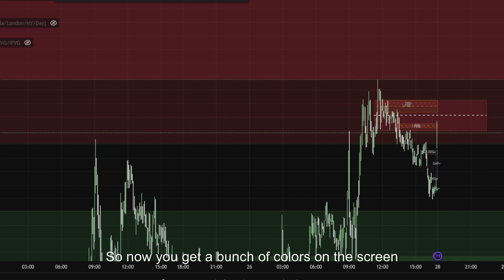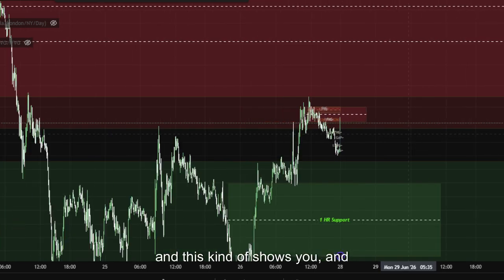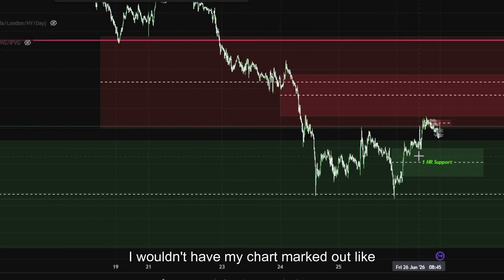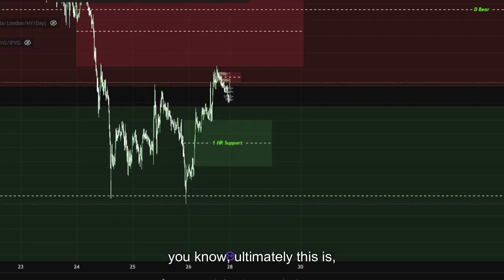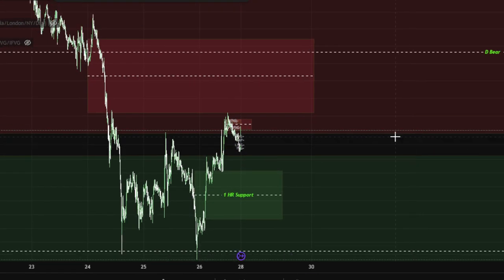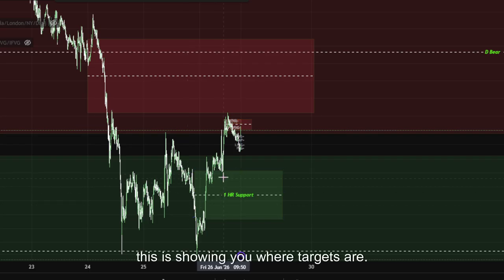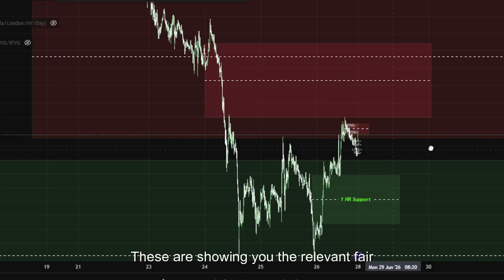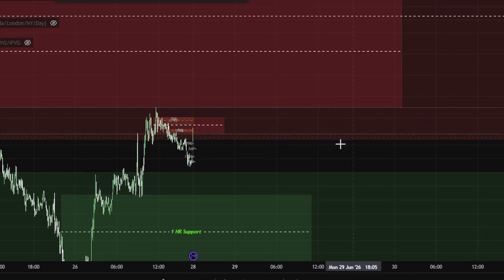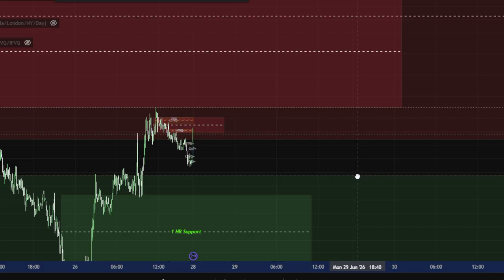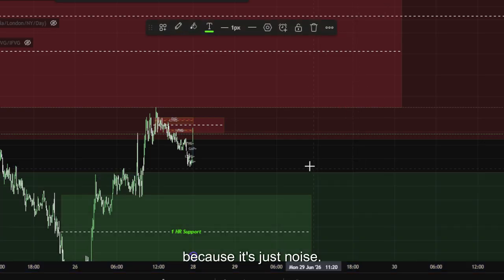So now you get a bunch of colors on the screen, and I wouldn't have my chart marked out like this, but ultimately this is showing you where targets are. These are showing you the relevant fair value gaps that you should be using, and really trying to drown out the rest, because it's just noise.